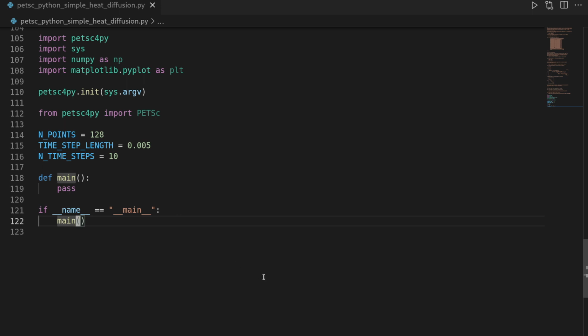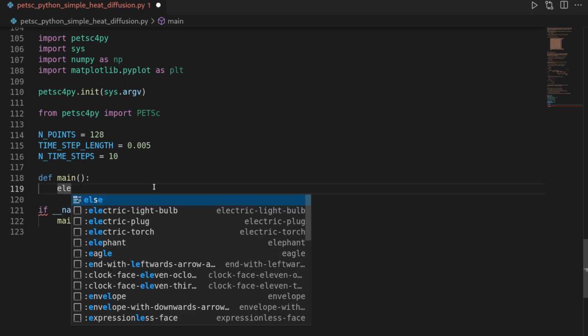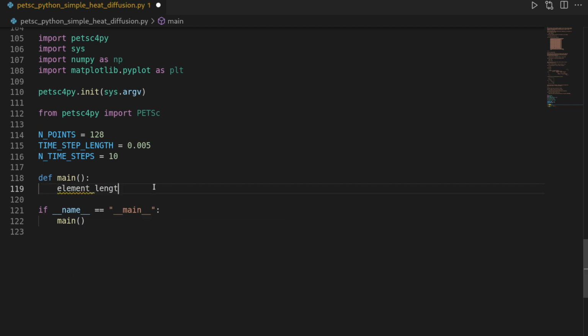which is necessary so that our function is only executed with the Python interpreter. Then we can infer the element length or the dx from our number of points. So element length will be 1.0, which is our domain length, divided by the number of finite cells, finite elements, and they are given as n_points minus 1, since we are using a uniform Cartesian grid.